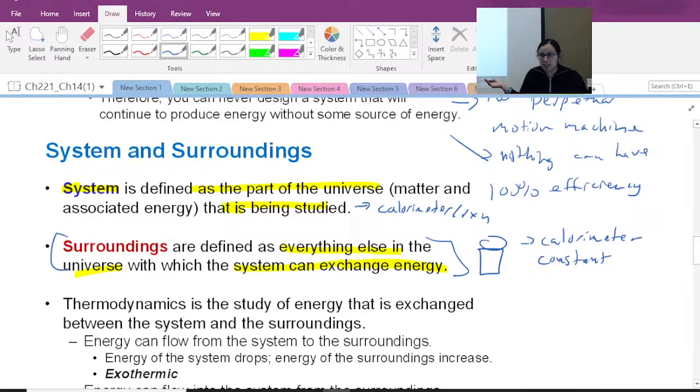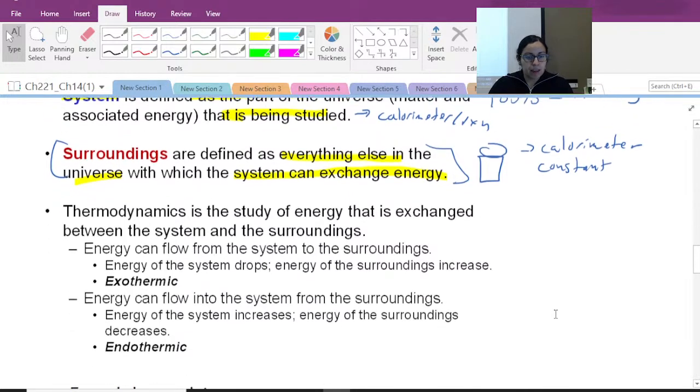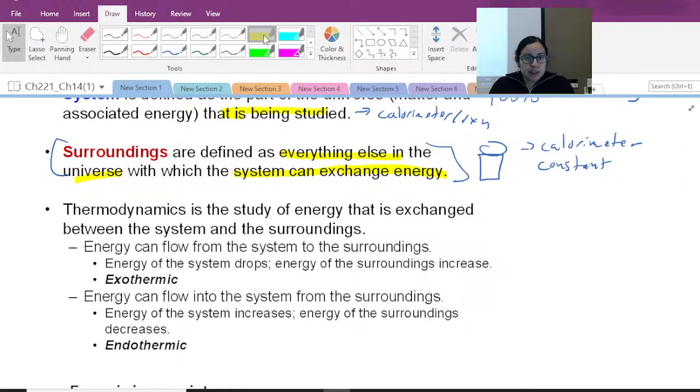Because we obviously didn't have a perfect calorimeter, we were losing some to the surroundings. So you've gotten a small taste of this in lab. Again, thermodynamics is just the study of the energy exchange between the system and the surroundings.